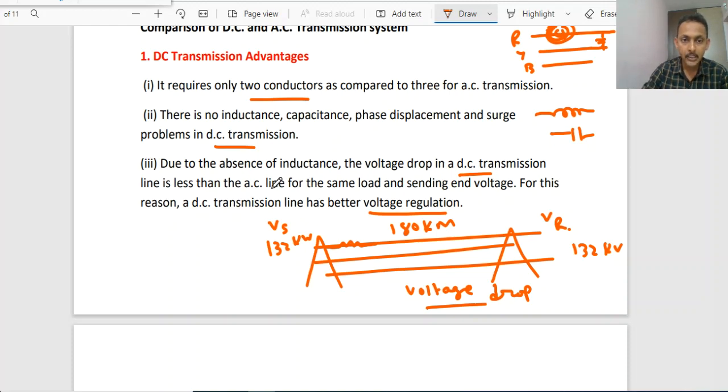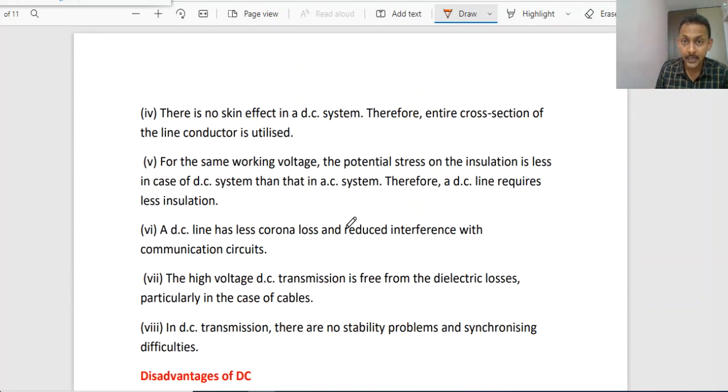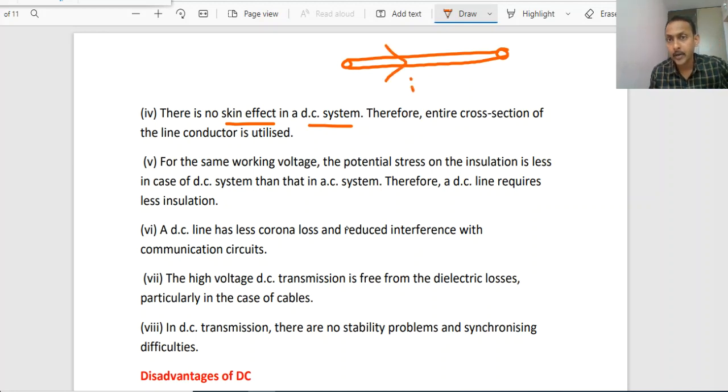And also, dear students, there won't be any skin effect in the DC system. I will tell you what skin effect means. If there is a conductor like this, with a current I passing through it, depending upon whether the current is alternating or DC, the amount of cross-sectional area occupied will vary.